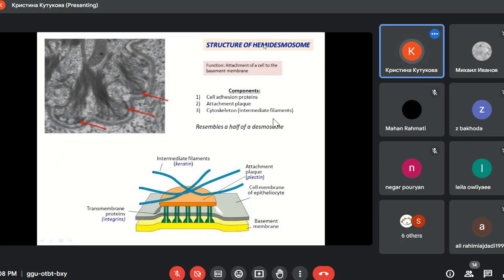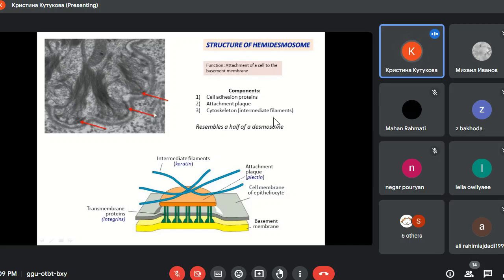The same is here, structure of hemidesmosome. In this picture you can see a portion of the basal part of the cell. Here I show you the cell membrane of a cell. It is a thin black line, and everything below it is the basement membrane.